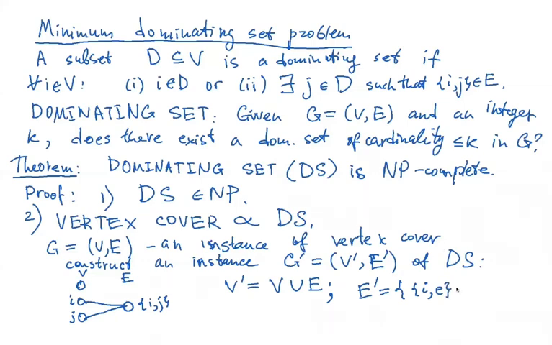So for the edge where we have i is in V, and edge e is equal to some ij in the set E. So essentially, these edges in the graph G prime correspond to the pairs of vertices such that one of the vertices is a vertex in the original graph, and the other vertex is the edge in the original graph that contains this vertex i, okay?